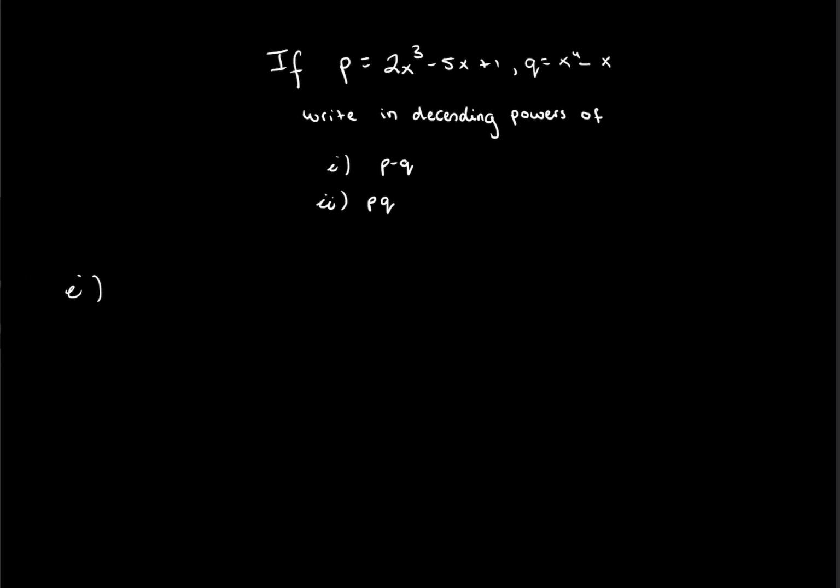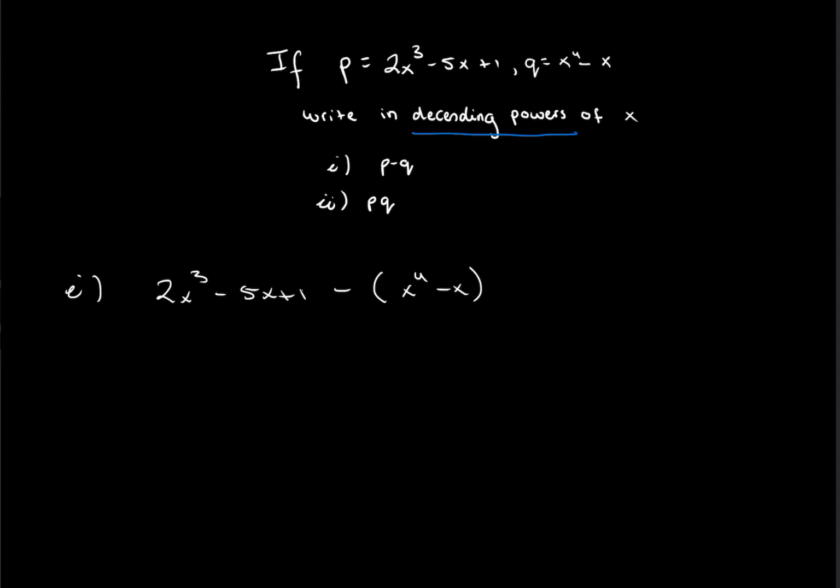We're going to subtract q from p. So 2x to the power 3 minus 5x plus 1 minus x to the power 4 minus x. And remember, we have to write it in descending powers of x. Descending power means from the highest to the lowest.